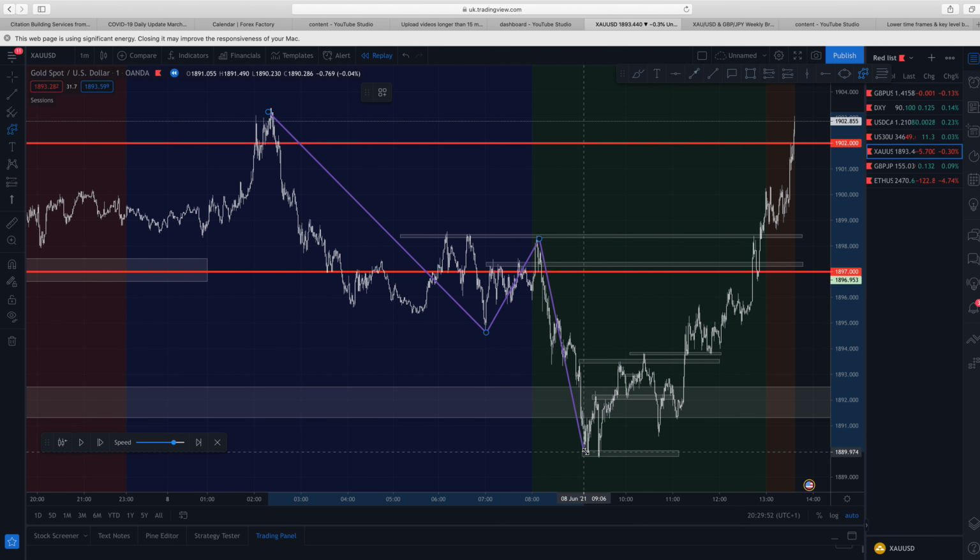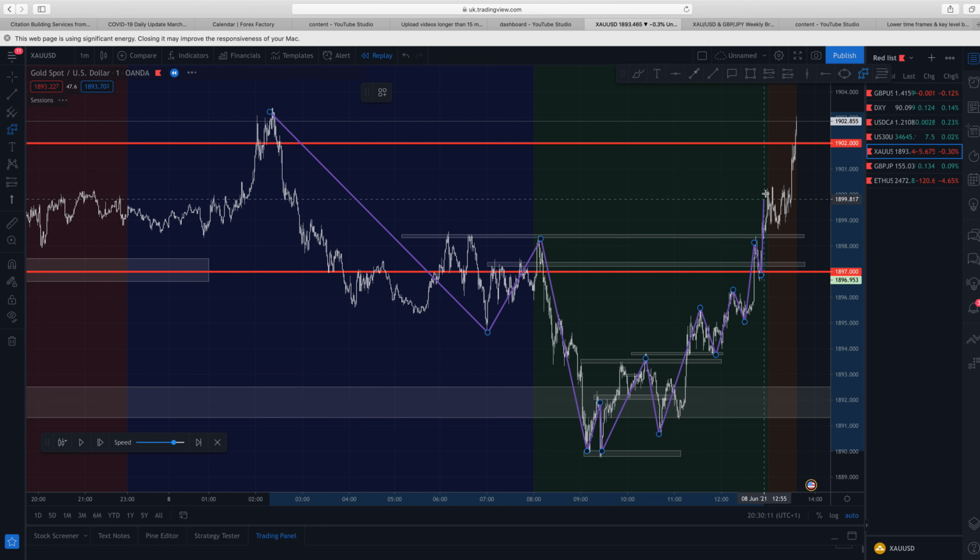Corrective phase. That break and retest of the key level was quite nice.